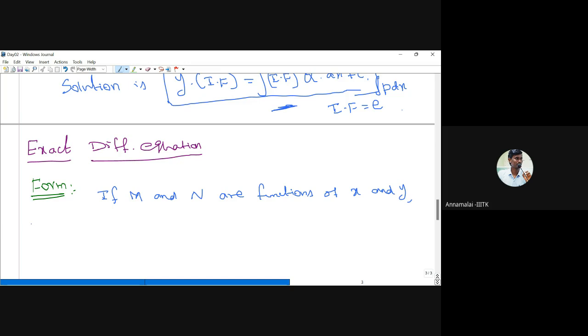Then the equation M into dx plus N into dy equal to 0 is some differential equation. This equation is called an exact differential equation.